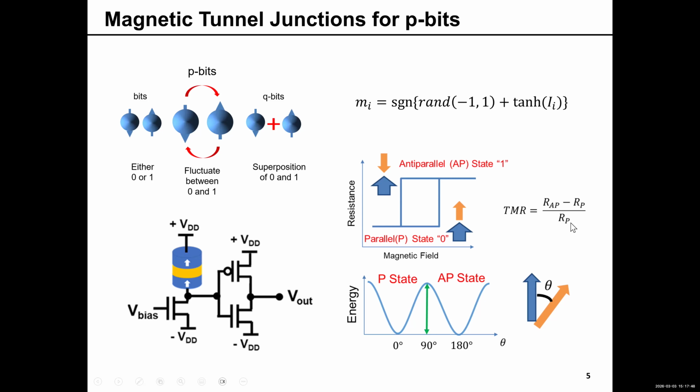And so the TMR is basically what allows us to convert magnetic information, which is basically the state of one of these layers, whether it's pointing up or down, into an electrical signal, an electrical resistance that then with some circuitry we can convert into a digital voltage. The other important part of this device to remember is that there is an energy barrier that separates the two states. This comes from the magnetic anisotropy of the material.